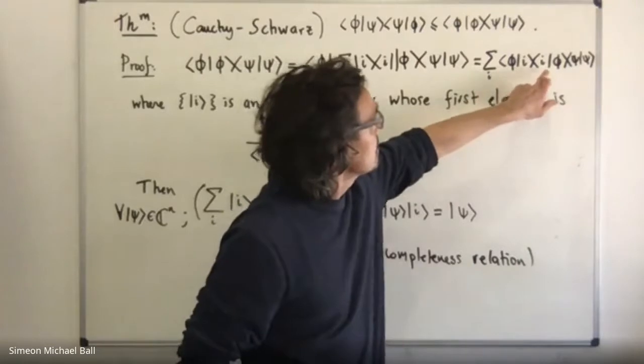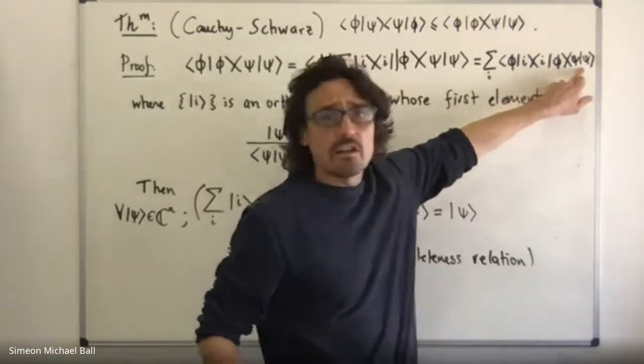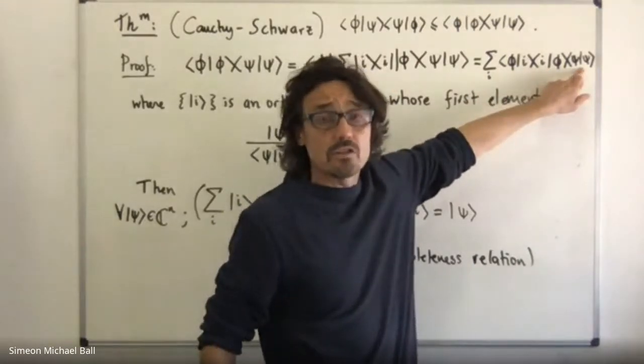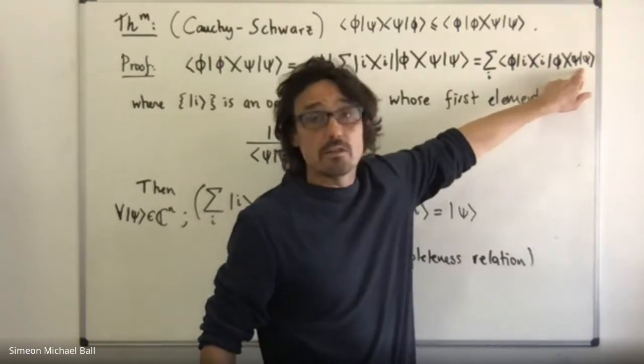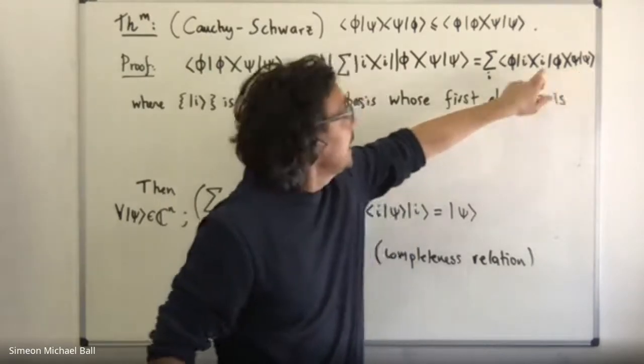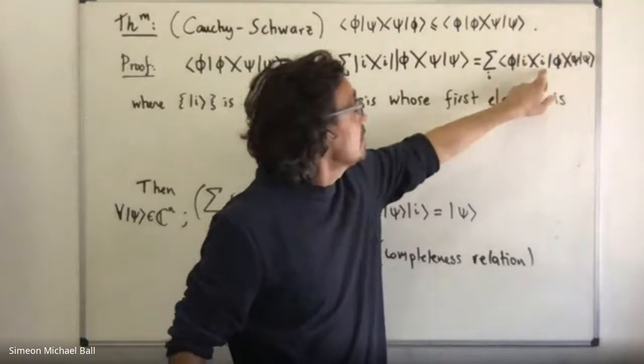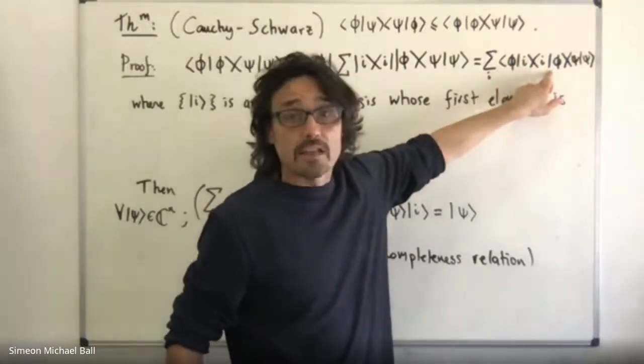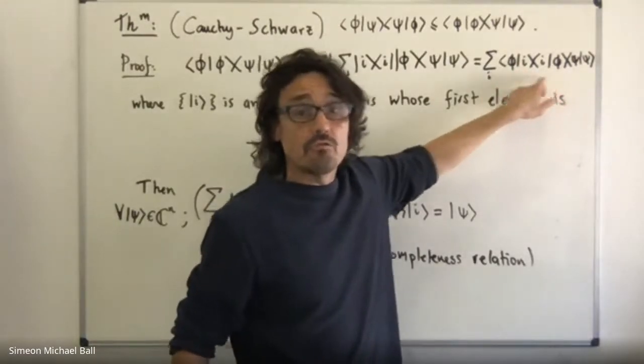Notice that this is the complex inner product of psi with itself, and here, this is just the complex conjugate of that. So these are all positive real numbers.